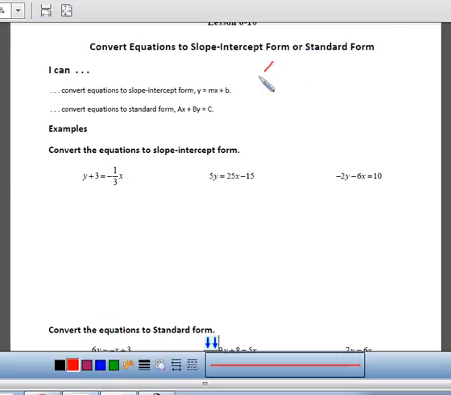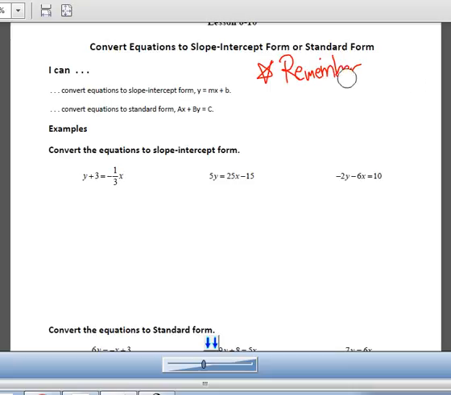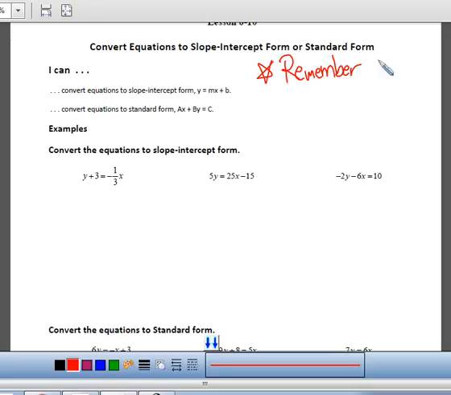I want you to write down to remember that adding a negative is really subtraction, and subtracting a negative is really adding.